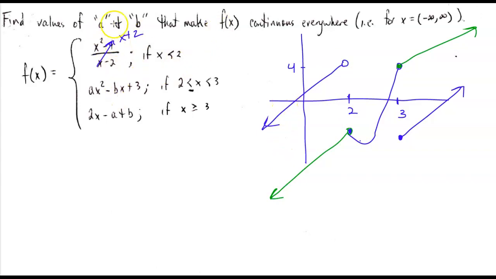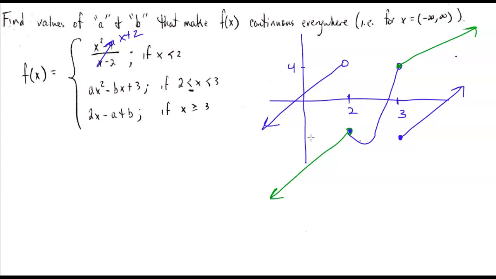And so the process that we're going to go through is going to say, hey, let's pick a and b such that these two pieces here connect with this piece here so that the function is essentially continuous everywhere. So that's really the idea of this particular example.